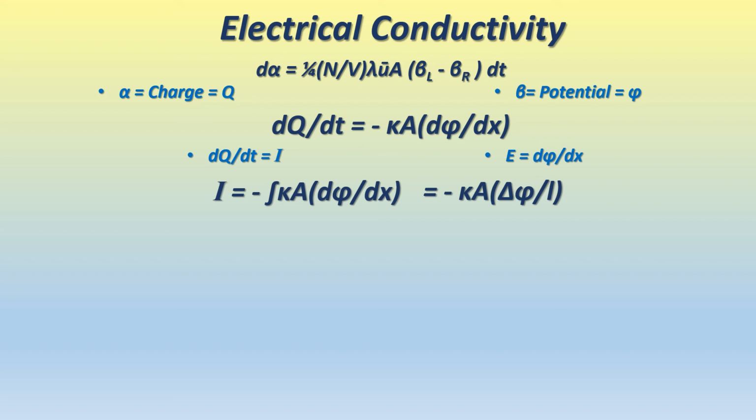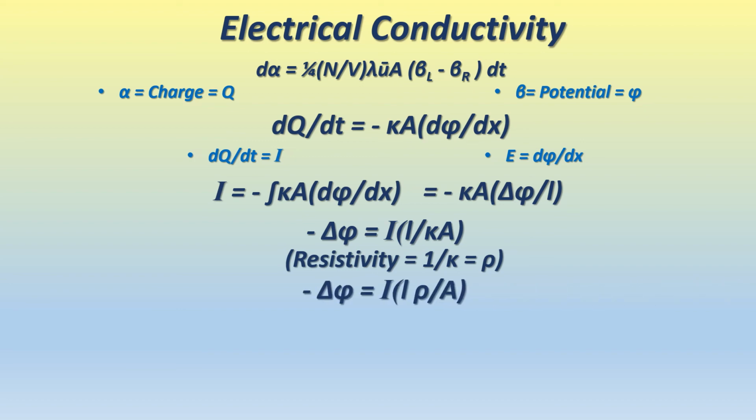dx is simply going to be x, or the distance that the material moves, or the charge moves. So I can rewrite minus delta phi is equal to the current times the distance divided by the conductivity times the area.